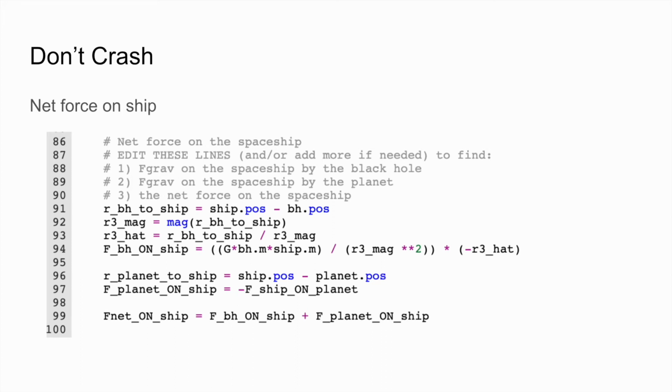So we repeat the same steps, and since the force of the ship on the planet was calculated previously, we know that the force of the planet on the ship is just the negative value of that same force. And then we find F net on ship is equal to force of black hole on ship plus the force of the planet on the ship.